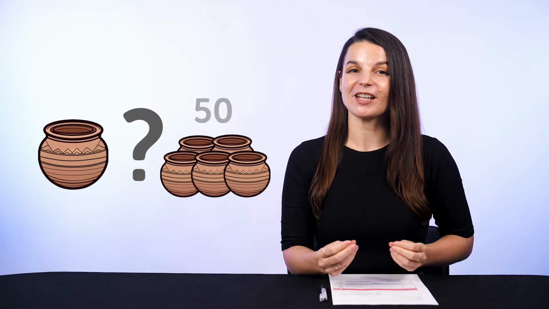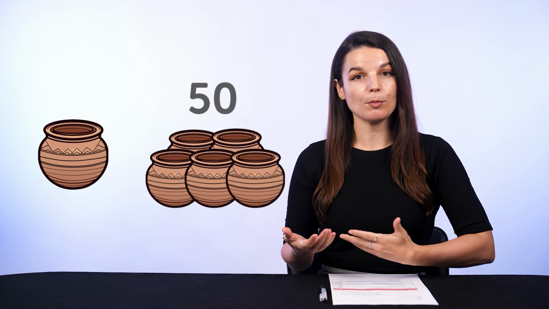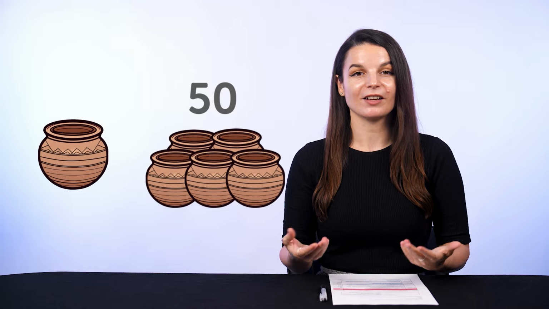Was it the group that had to just make one perfect pot, or the group that made 50 in the same amount of time? Well, the group that made 50 pots ended up creating higher quality pots because they learned from the experience, whereas the group that sat around thinking of one best idea didn't get to improve at all. So both groups put in the same amount of time, but one group's results were vastly different.